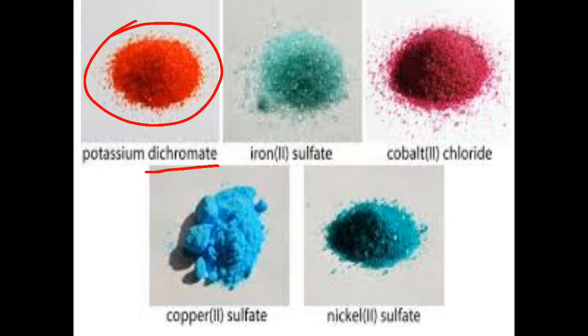It has chromium, which is a transition element. This pistachio green solid has iron +2 in it. Similarly, cobalt is making the compound very beautiful. Copper +2 is giving blue color. Similarly, nickel +2 is giving sea green color.